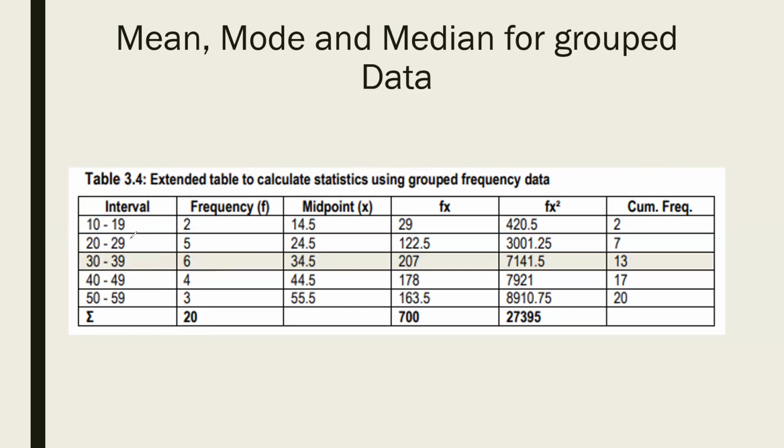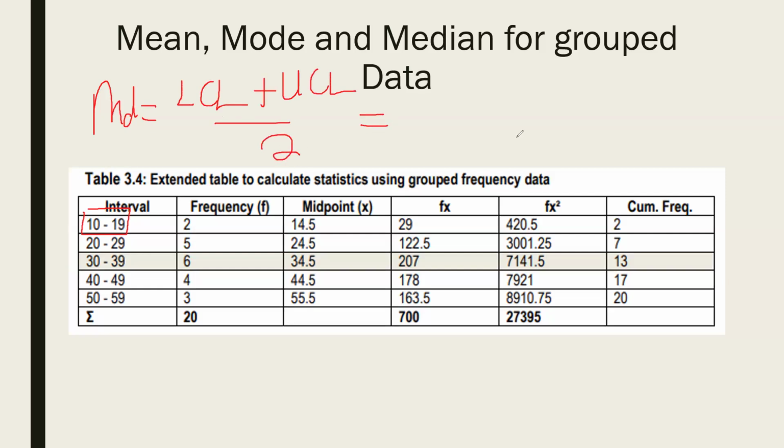So interval, this is your class interval. Frequency, this is where you group the people or the items. Then midpoint, this is calculated from the class interval. The midpoint is equal to the lower class limit of that class plus the upper class limit, divided by 2.